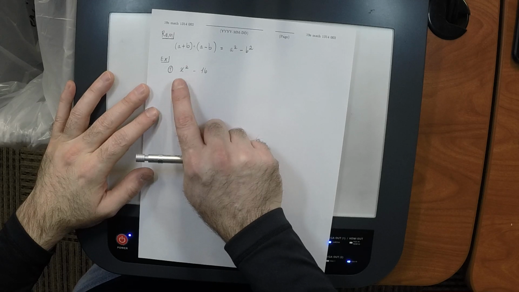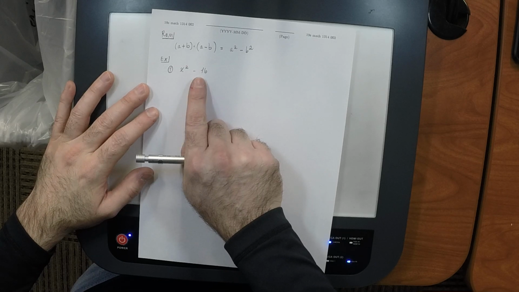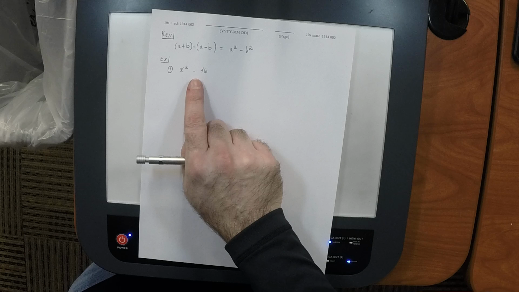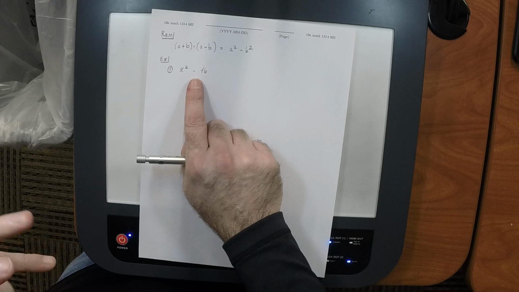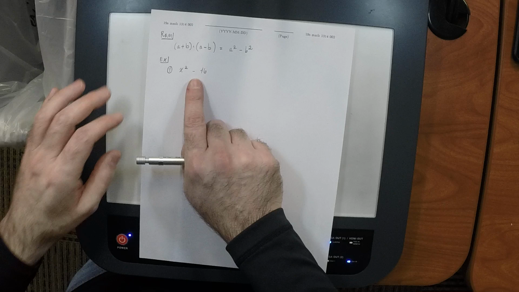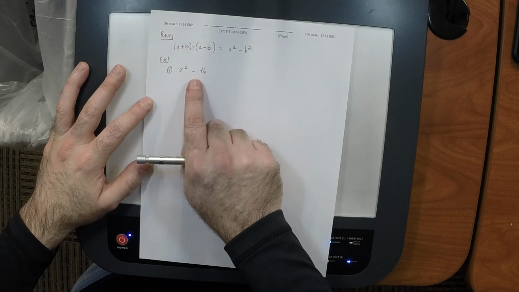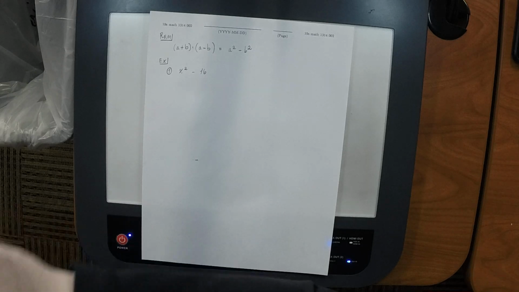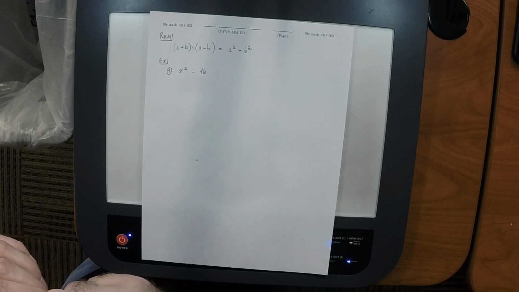What I've given you, is it expressed as the difference of squares? And the answer is no, it isn't, because we want it to be one thing squared minus another thing squared. So it's not currently written as the difference of squares.